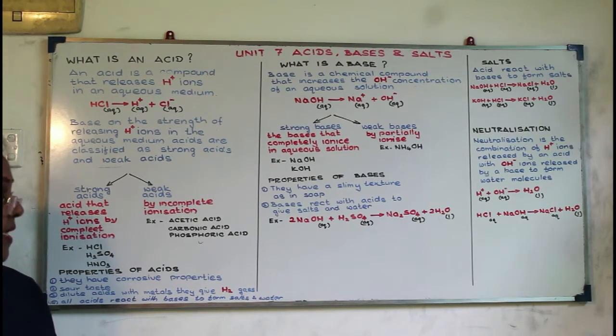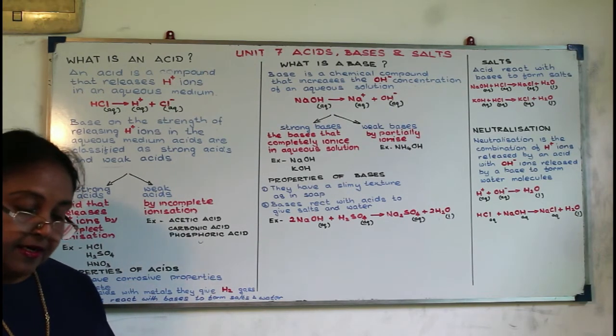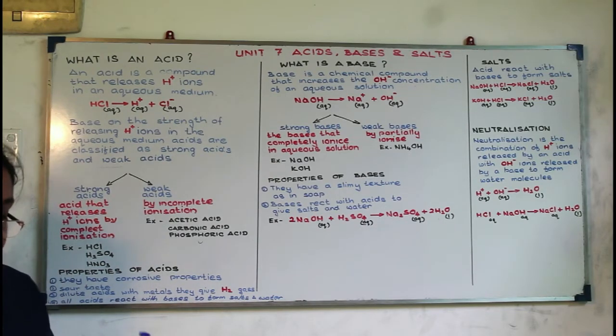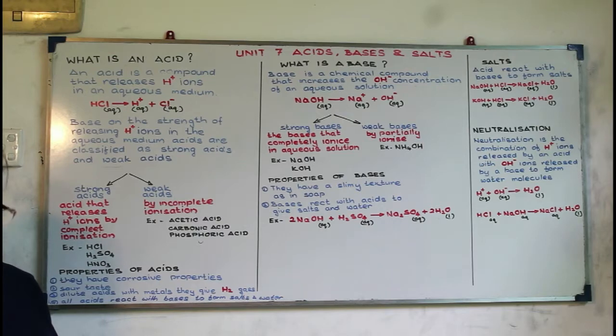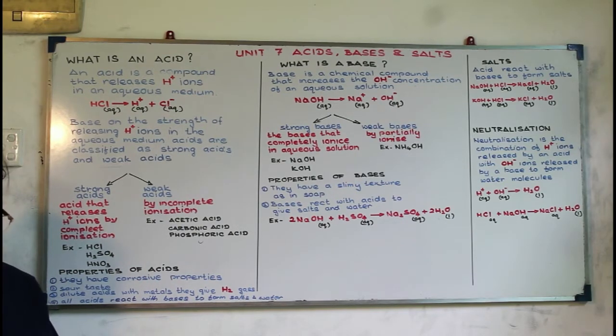In acidic medium, when we consider litmus, it gives red color, and in the basic medium it gives blue color. Phenolphthalein colorless and pink. Methyl orange in acidic medium it gives red color, and basic medium it gives yellow color. Right?